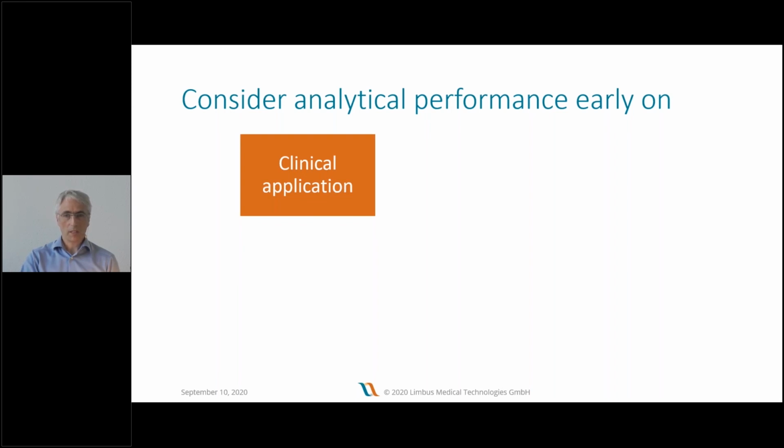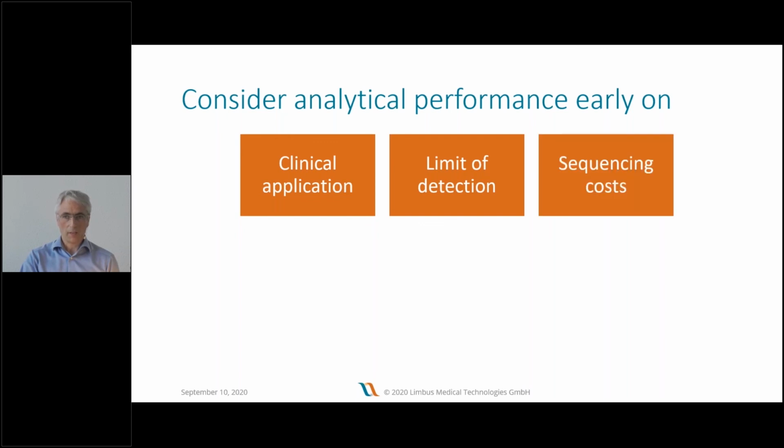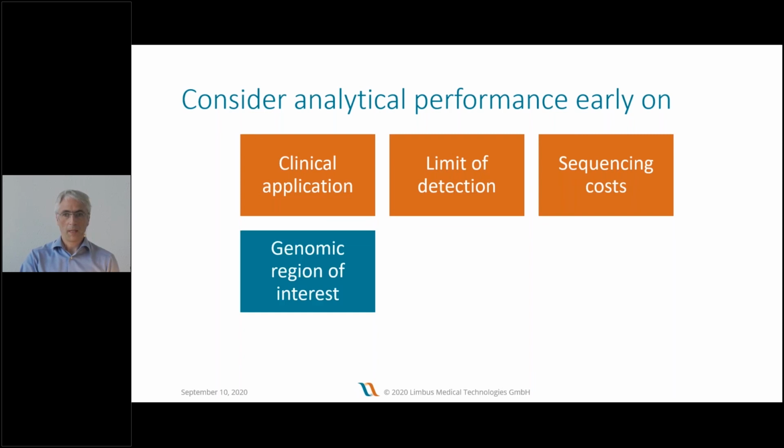What are the genes that you actually need to look at? What is the limit of detection that you need to achieve in order to make a clinically significant statement at the end? And of course, there will always be a certain budget associated with your assay. The sequencing costs must be reasonable. And those factors determine what the actual genomic region of interest is.